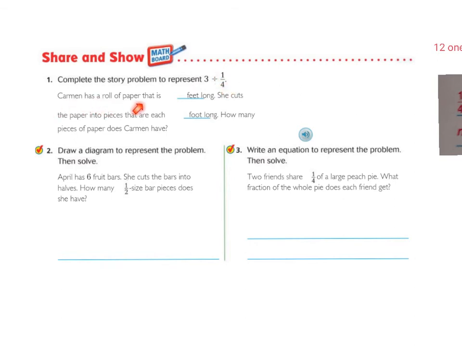So Carmen has a roll of paper that is, again, 3 feet long. Okay, she cuts the paper into pieces that are 1/4 foot long, right? So now if I'm going to solve this, I can use the algorithm. So I have 3 divided by 1/4. Again, I'm going to put a 1 underneath here, okay?